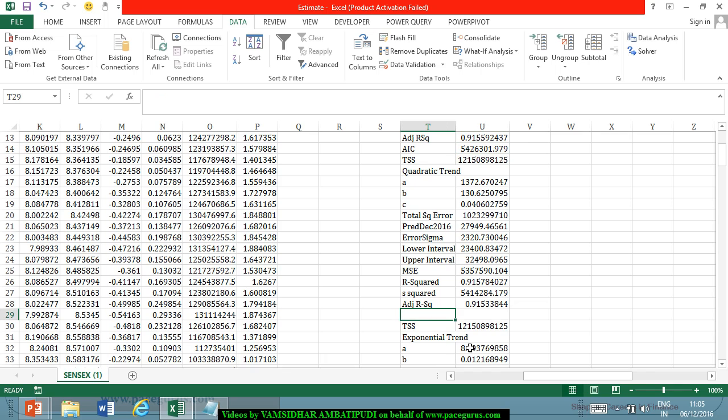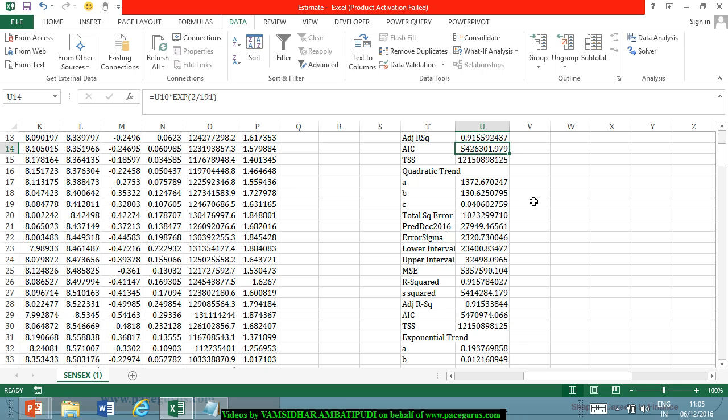Whereas here, if I am looking at AIC, again it's the mean squared error multiplied by e to the power of 2k by t, with k as 2 and t as 191. So here the AIC is 5.47 million, whereas here it is 5.42 million.